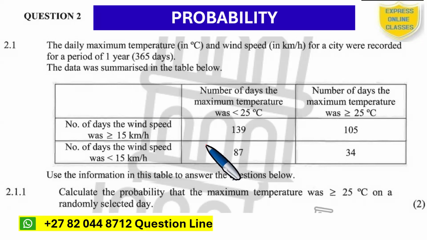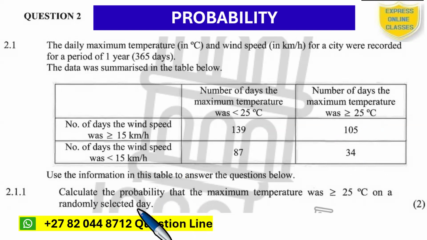Number of days the wind speed was at least, greater or equal to, 15 kilometers per hour, but the number of days the wind speed was less than 15 kilometers per hour. Number of days the maximum temperature was less than 25 degrees Celsius. Number of days the maximum temperature was at least 25 degrees Celsius. 139, 105, 87, 34. Use the information in this table to answer the questions below.